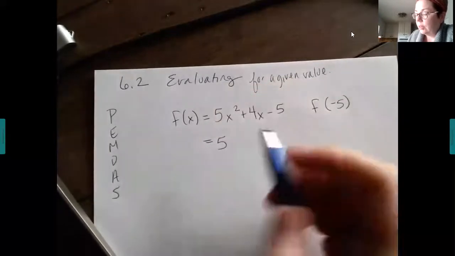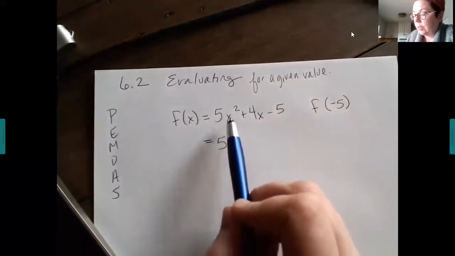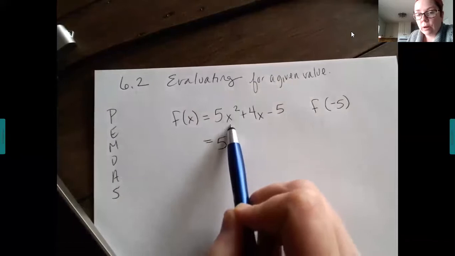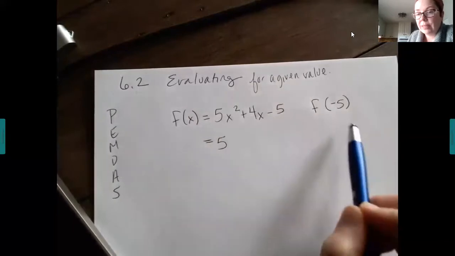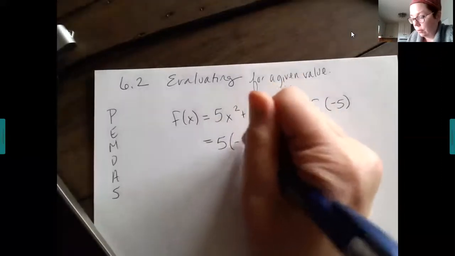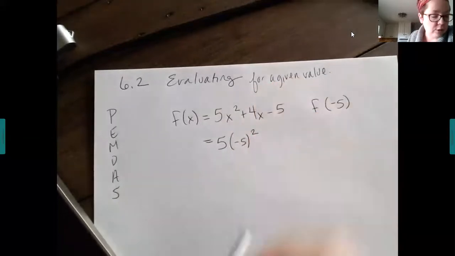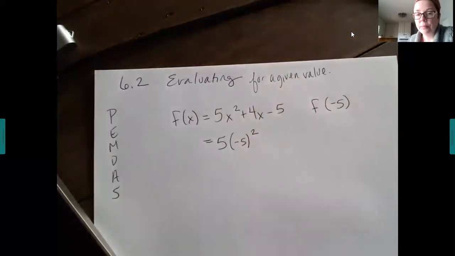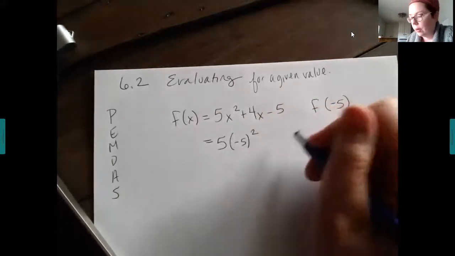So this is saying 5 times x squared, and so we're going to square whatever x is. So if x is -5, we want to remember when we square that, it's doing -5 times -5, like that. So you want to kind of think of things in parentheses in that manner.